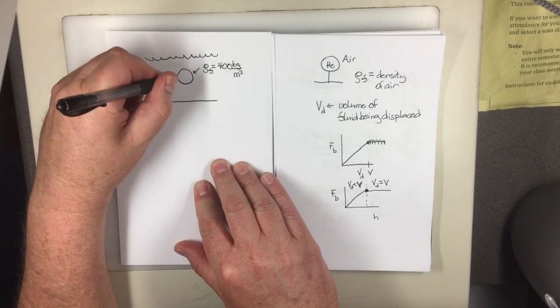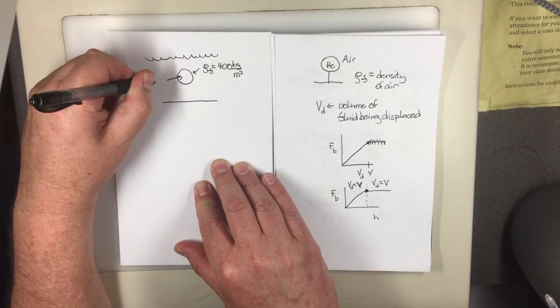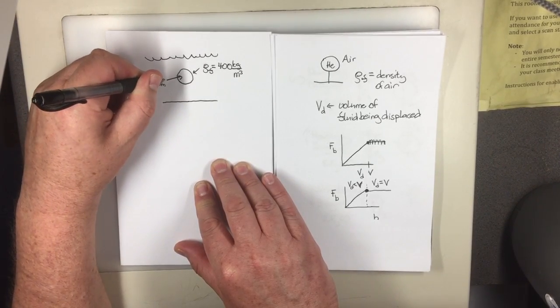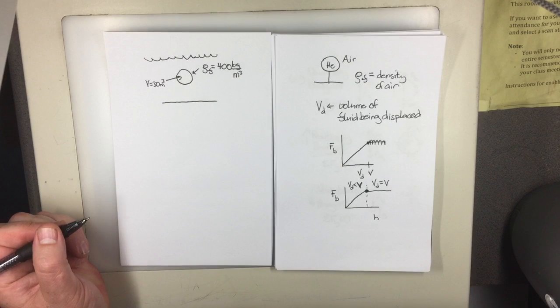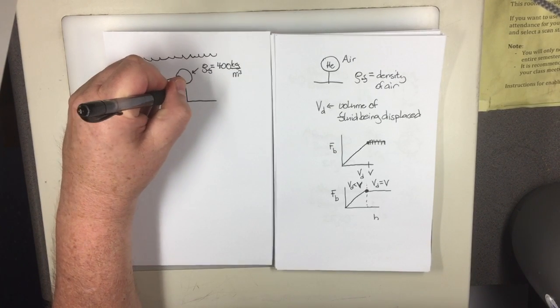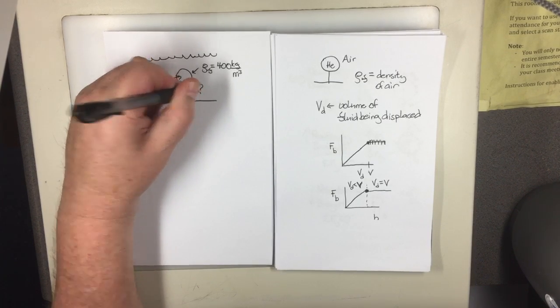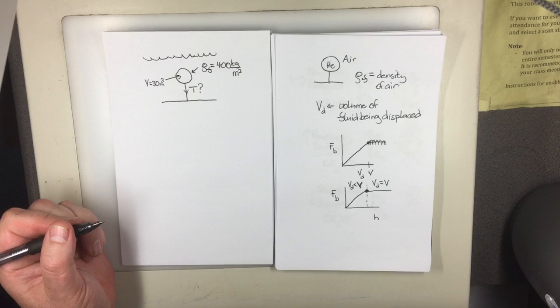And we have a volume of 30 cubic meters. So I'm going to give you the volume, so we're not going to play with the radii and stuff like that. It is tied to the bottom of the pool by a string. What is the tension of the string?